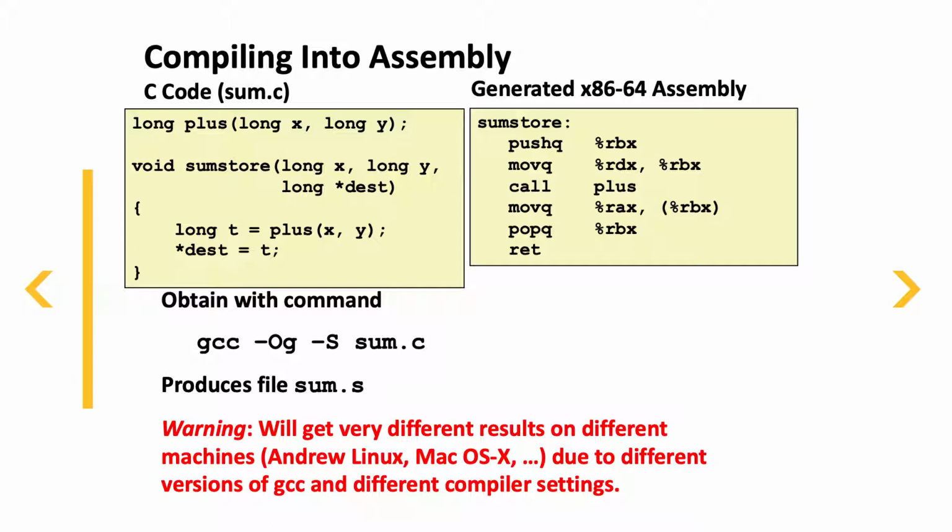So this is not going to be one-to-one. We can't just take this exact code and go to a bunch of different machines and expect this same exact assembly to pop out. So for these lectures, we'll use a very, very basic version of x86-64 assembly. But keep in mind that things are going to look a little different from system to system.